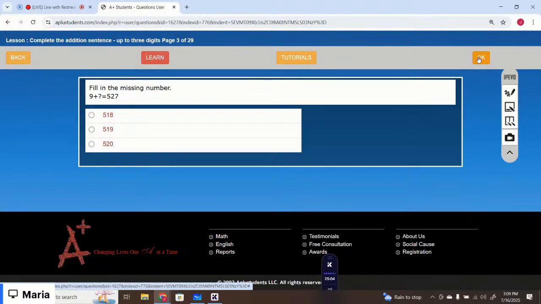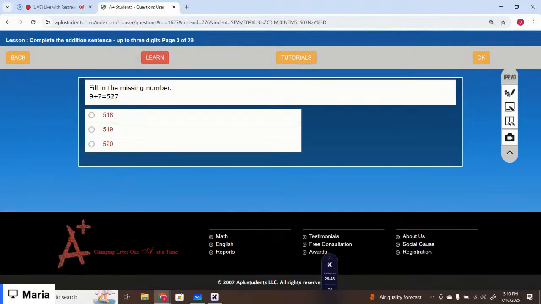Fill in the missing number: 9 plus what number equals 527.